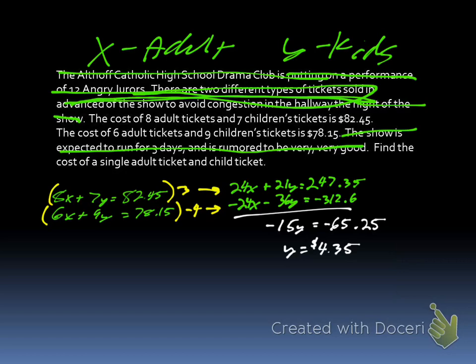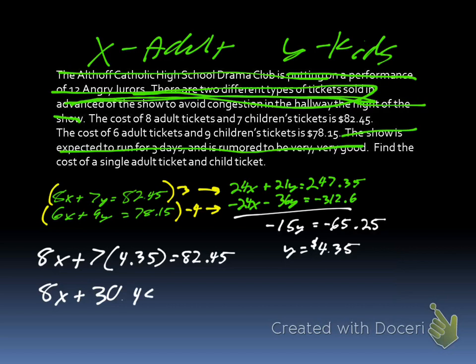Take that back in, one of them, doesn't matter which one. 8x + 7 times 4.35 = 82.45. You get 8x + 30.45 = 82.45.